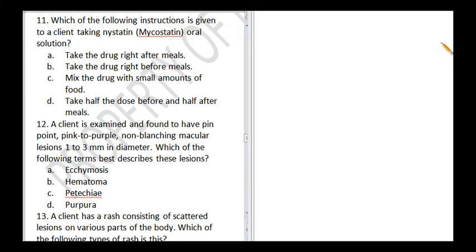Therefore, the patient taking mycostatin cannot take the drug with meal or before meal, because the drug should exert its effect first in the oral cavity, and the best way to do that is to take the drug after meal. The answer here is letter A.